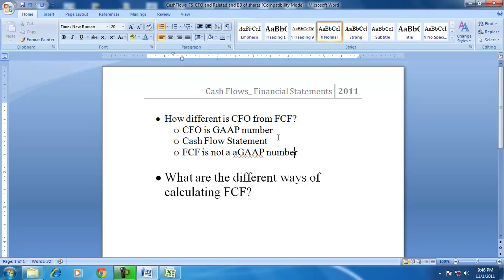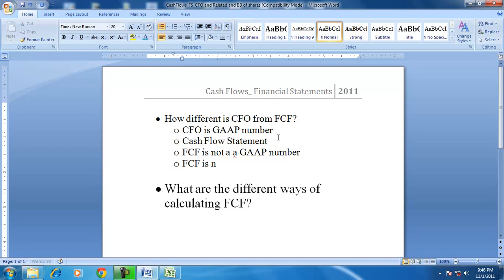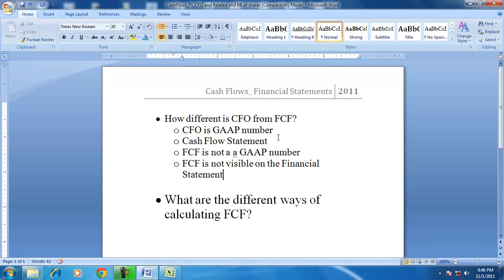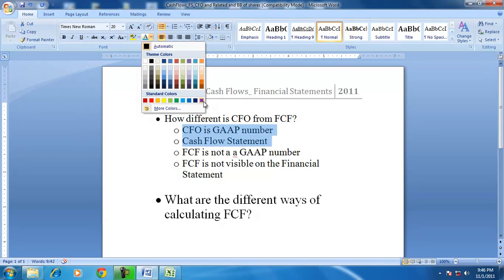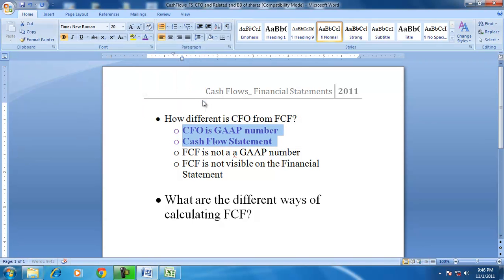In other words, you don't see free cash flows on the financial statements. However, it is possible to calculate the free cash flows from the financial statements. But free cash flows as such are not visible because it is not a GAAP number.